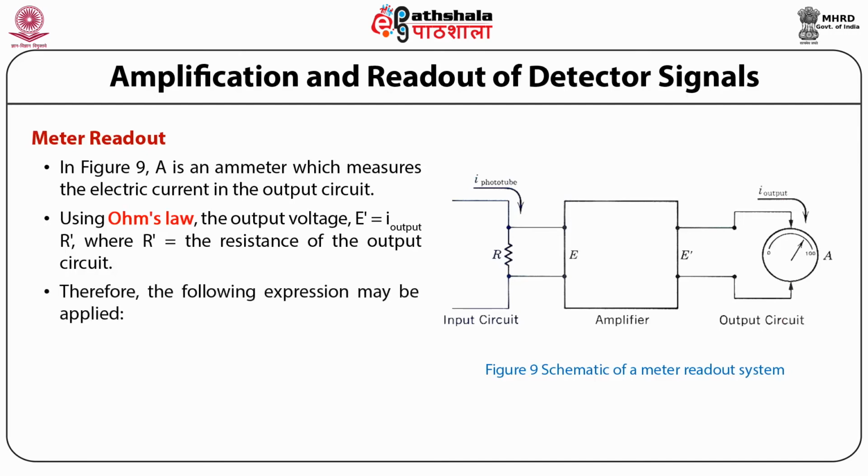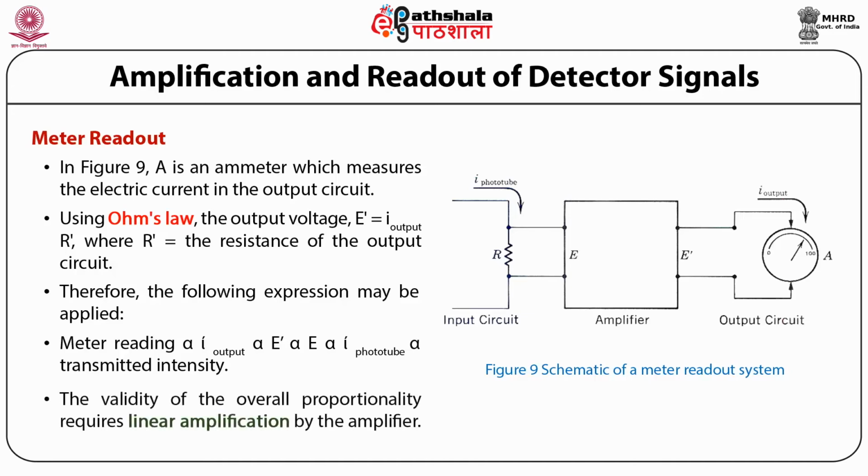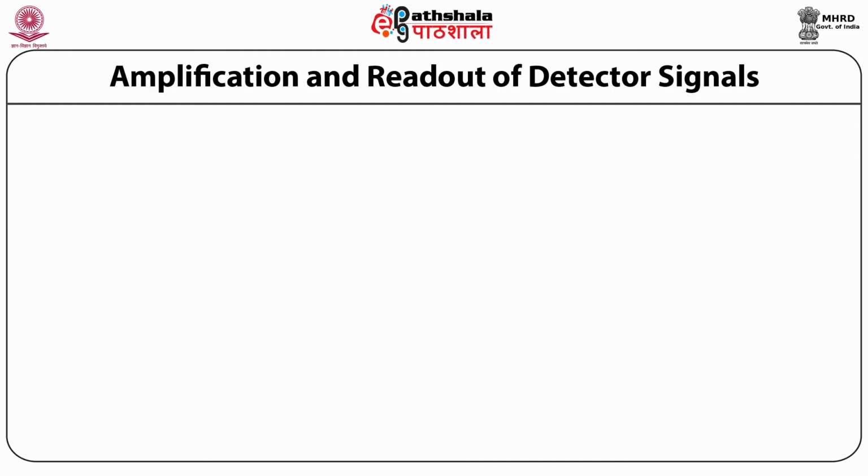Therefore, the following expression may be applied. Meter reading is proportional to I output, which is proportional to E' or E, or I phototube, which is proportional to transmitted intensity. The validity of the overall proportionality requires a linear amplification by the amplifier.